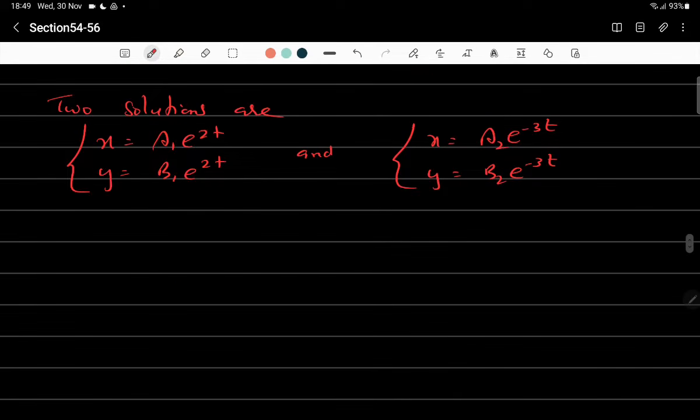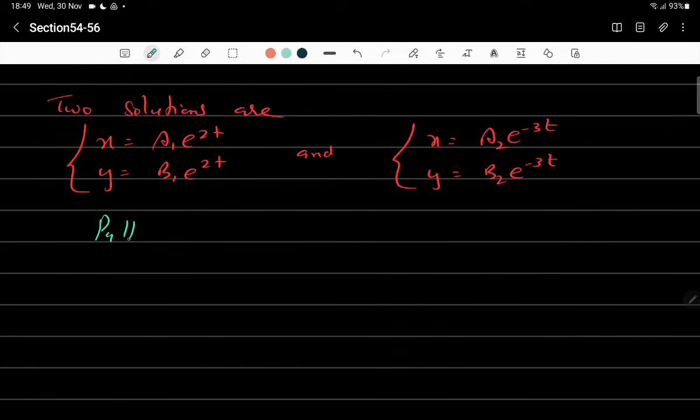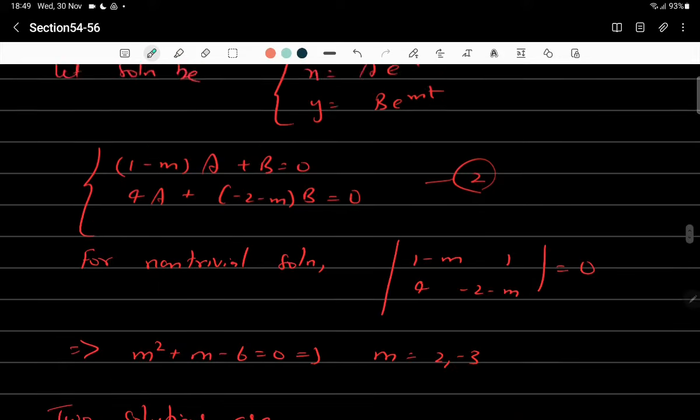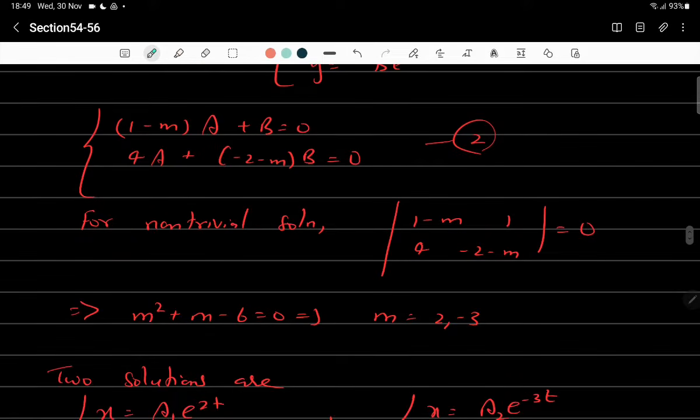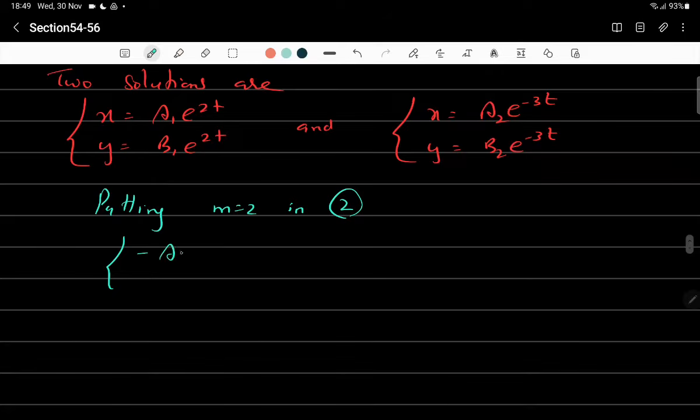So let's substitute m is equal to 2 in equation 2 and see what we get. If you put m is equal to 2, minus a plus b is equal to 0 and 4a minus 4b equal to 0.